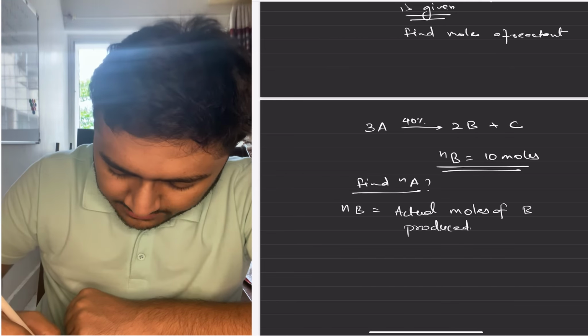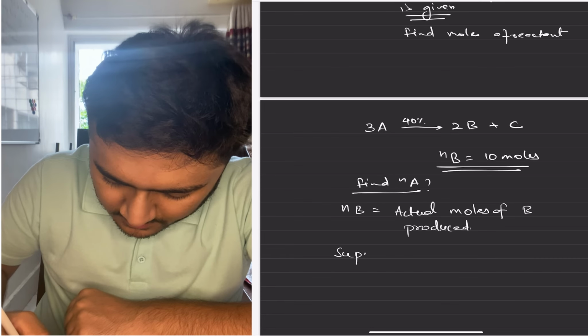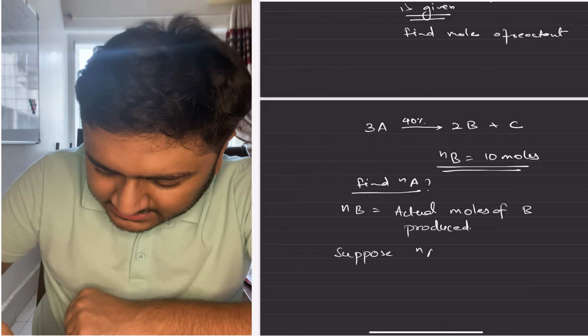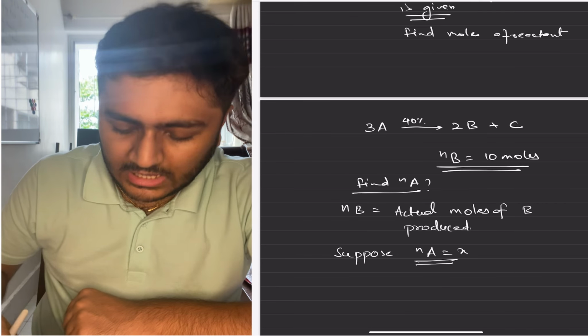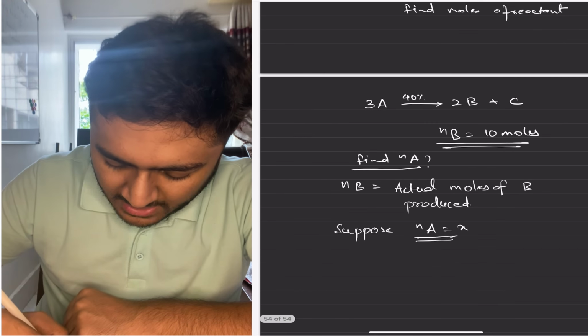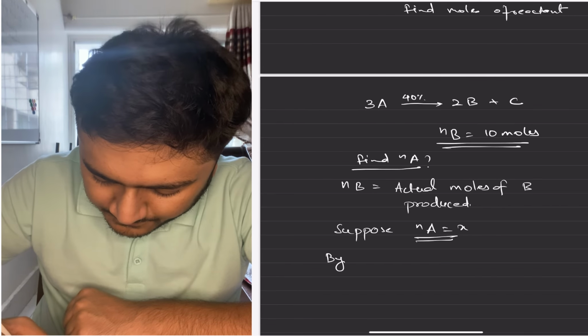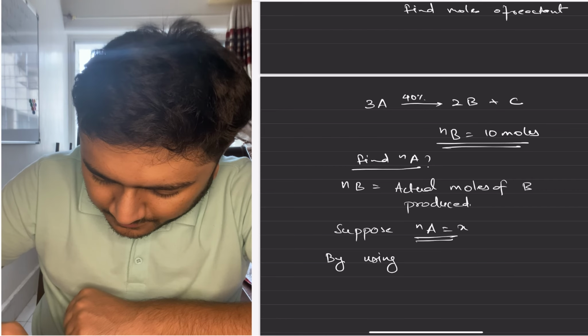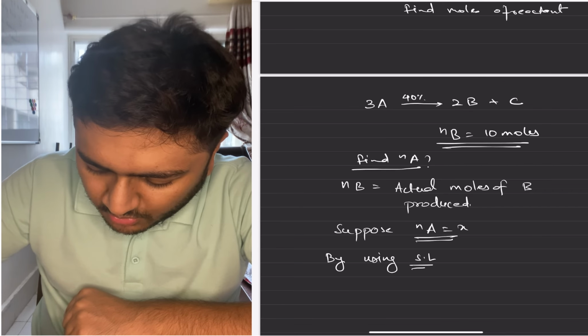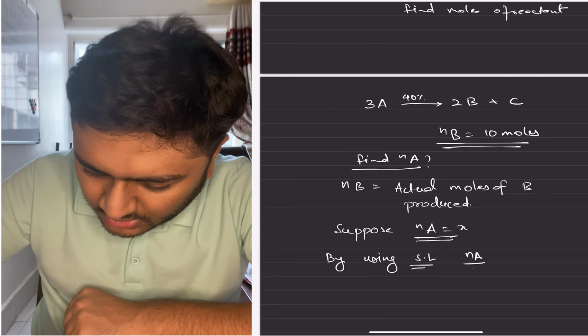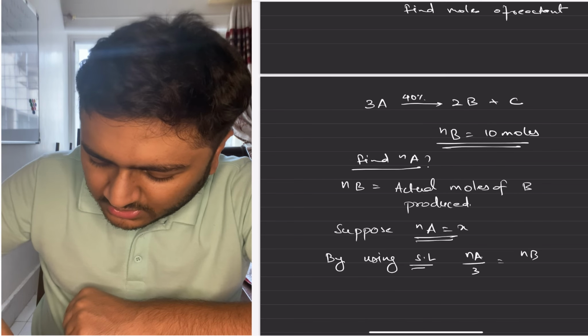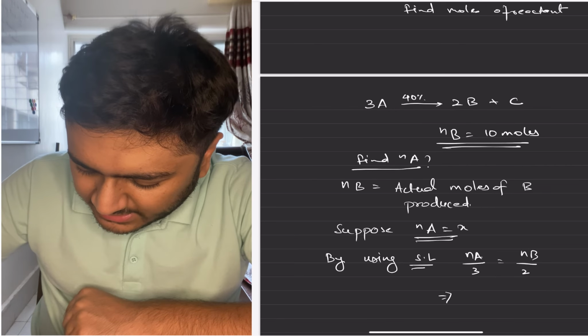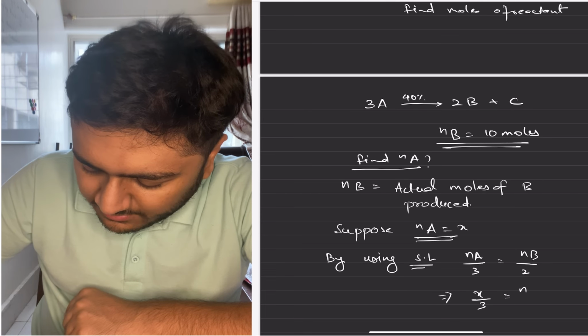We need to find moles of A. Let's suppose moles of A is x. By using the stoichiometry law, I can say moles of A divided by 3 is equal to moles of B divided by 2. Therefore, x by 3 is equal to moles of B by 2.